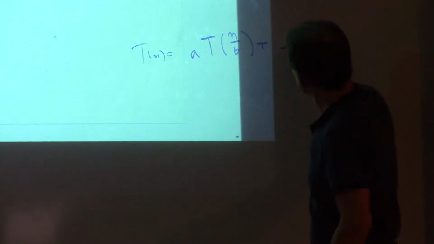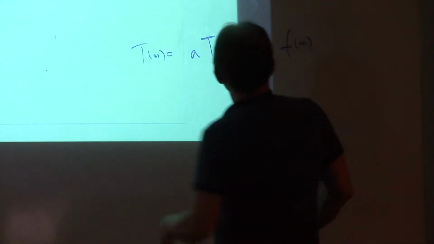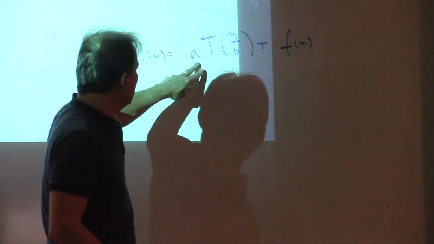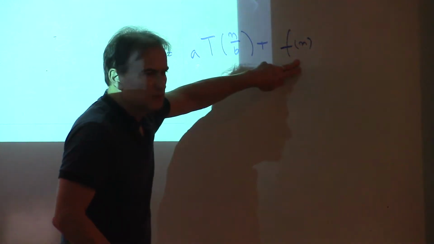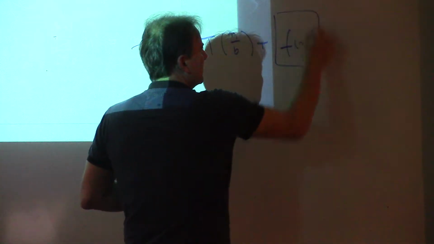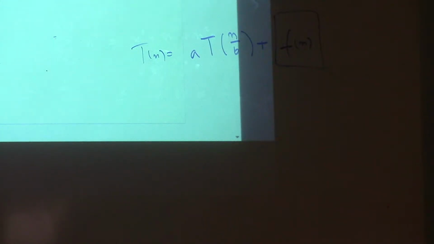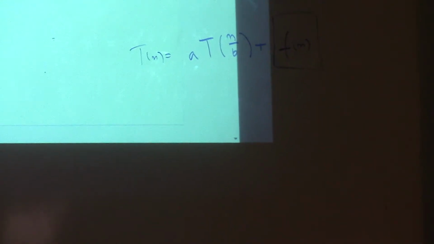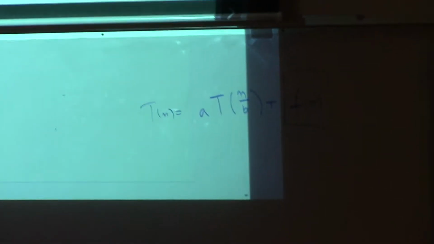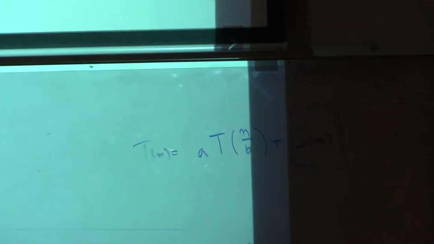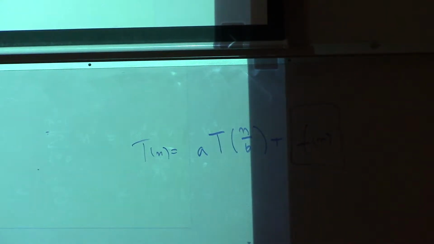So the complexity T of n is equal to a times T of n over b plus a function of n. So what is f of n in this case?